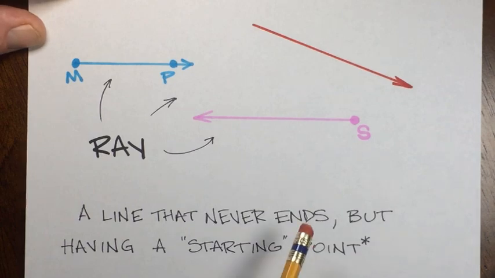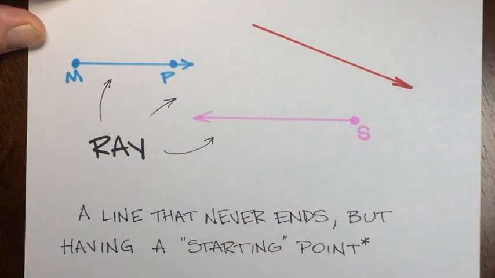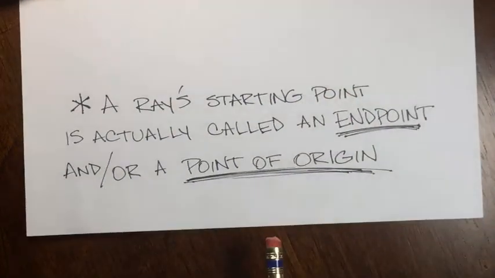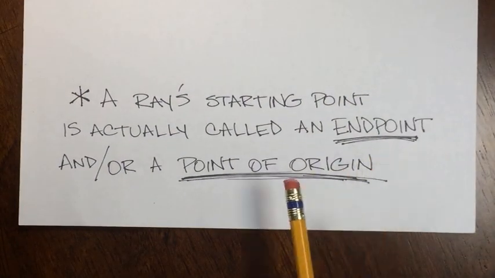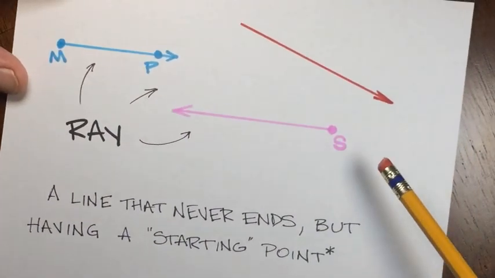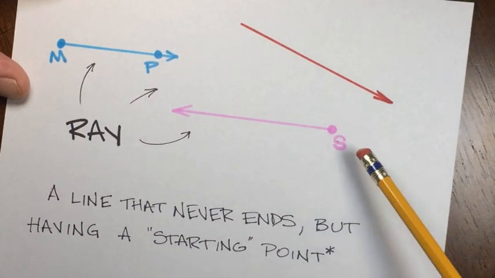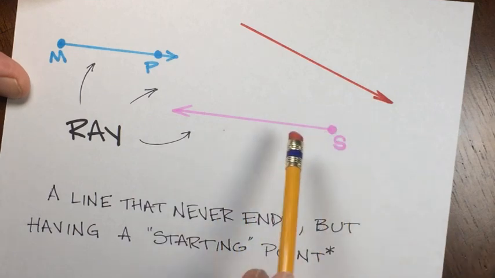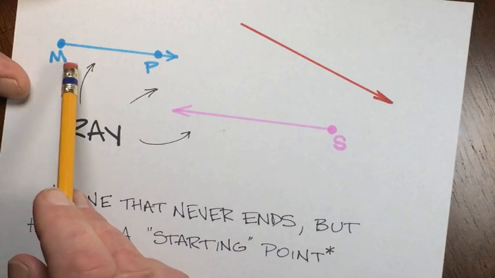And you may see them shown either this way, or this way. Those are called rays. And this starting point here can be either called an end point or a point of origin. So here's the point of origin, or the end point, and this ray would be called ray S, and this ray would be called ray MP.